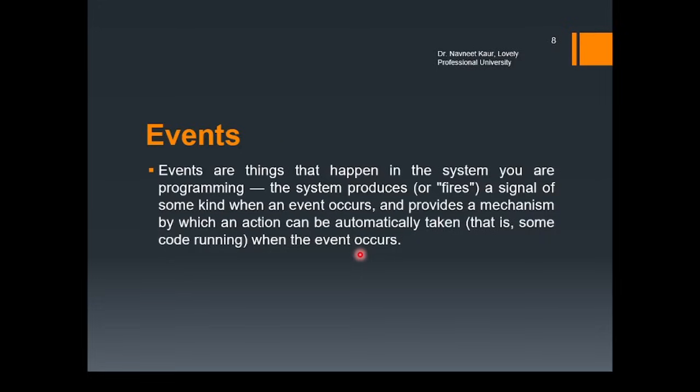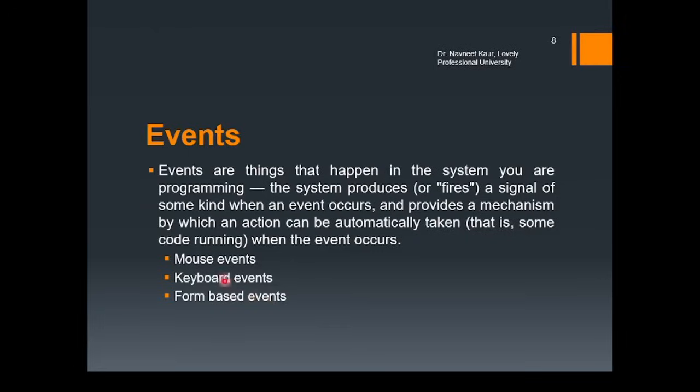Maybe that button shows you an alert box, or takes you to some web page, and so on. Anything might happen. Events are basically categorized into mouse events, keyboard events, and form-based events.